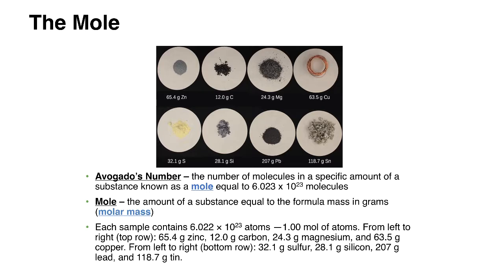And whatever the mass is on the periodic table, that's the mass in grams, the molar mass, for that substance. And if you figure out the formula mass by doing the calculation as we did in our previous several slides, you also find the molar mass for any compound.